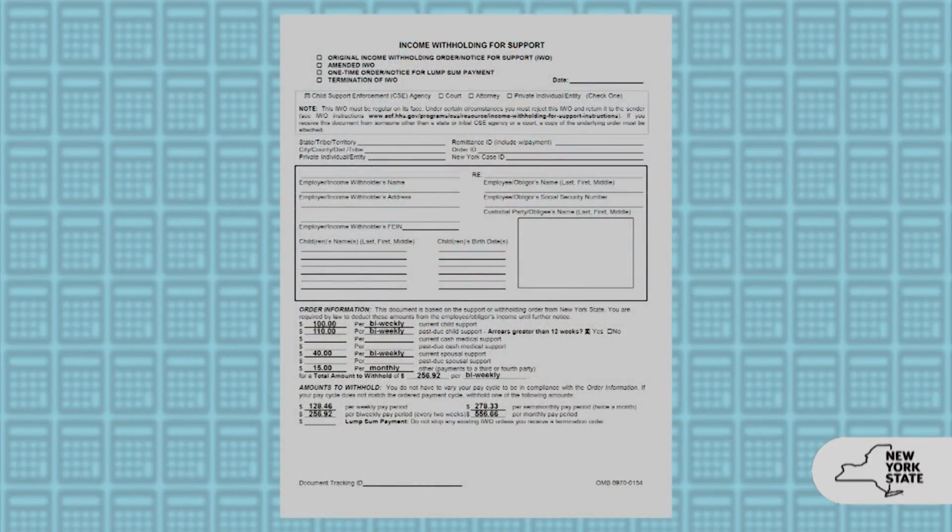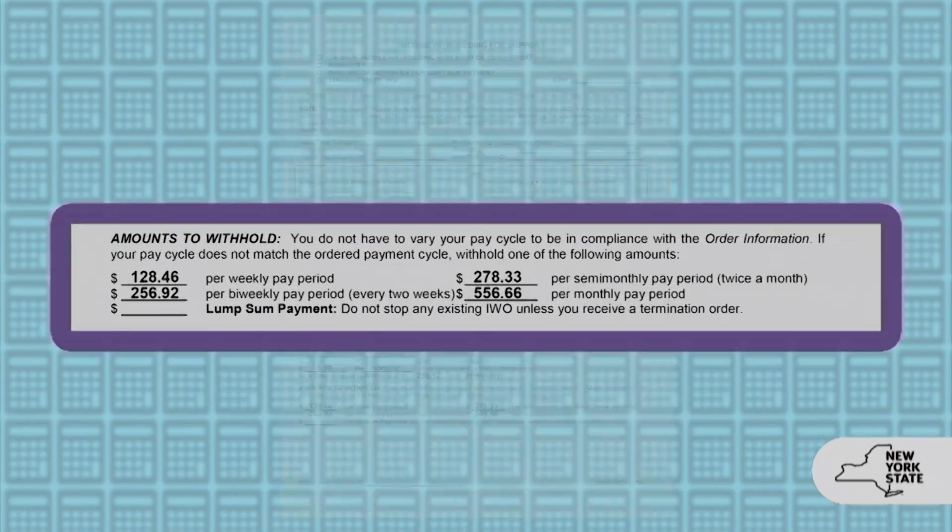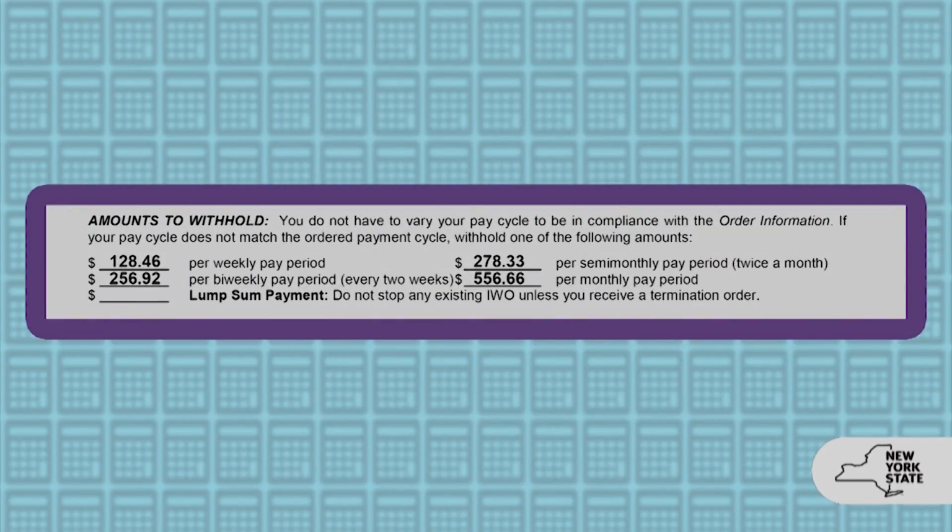You can find this information on page 1 of the IWO in the area under the label Amounts to Withhold. For example, if the employee is paid on a monthly basis, you would use $556.66 rather than $256.92.